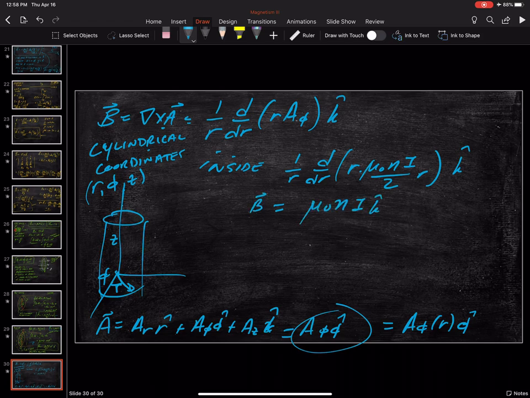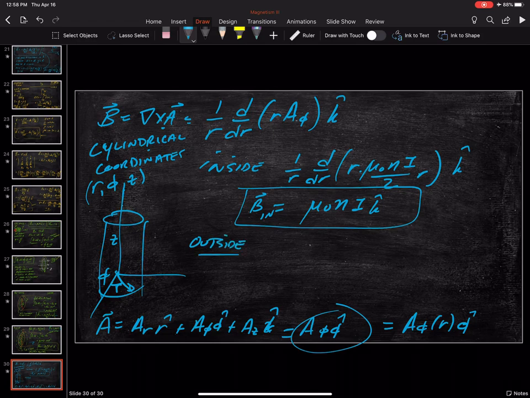And so that's my B inside. Okay, it works. You're going to get an r squared. When you take the derivative, you get 2r, cancels the 2, and cancels the r in the denominator here. Whoops. Here, and so you're okay. How about outside?